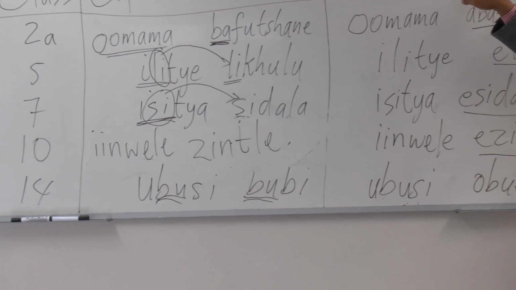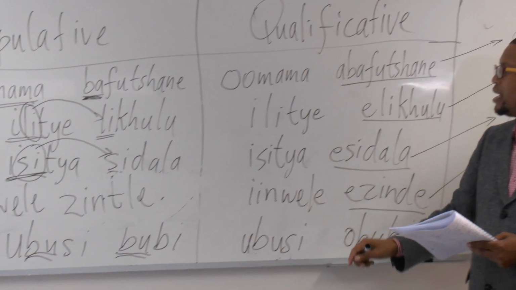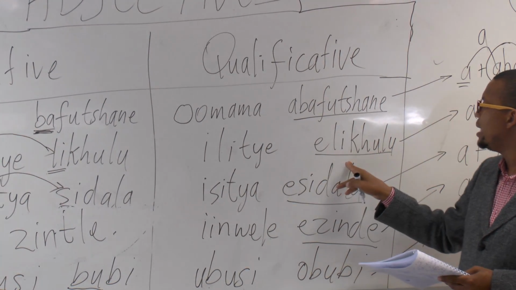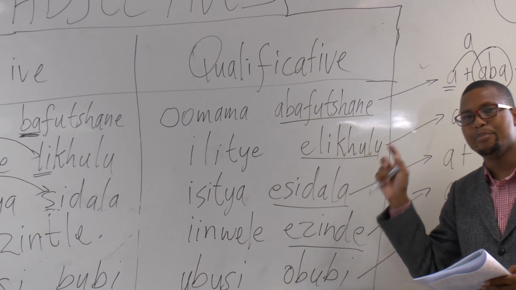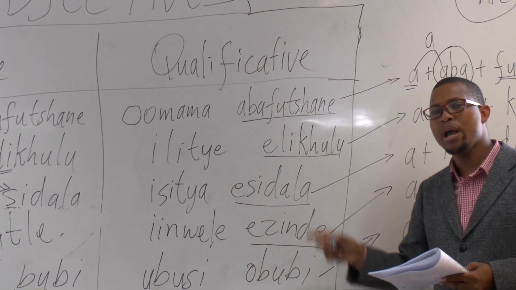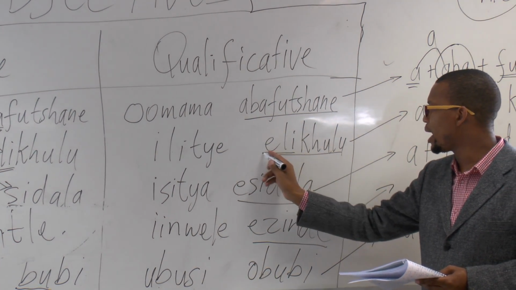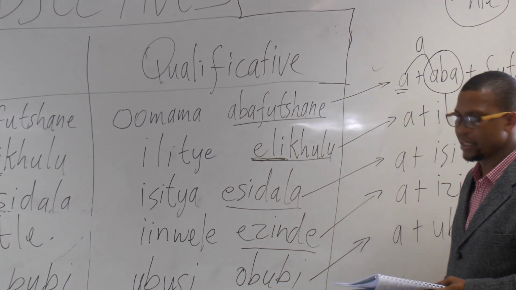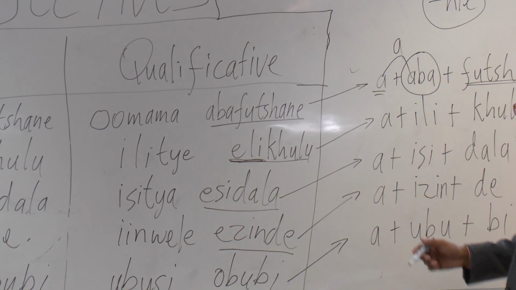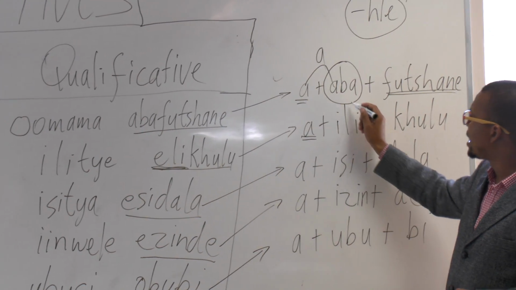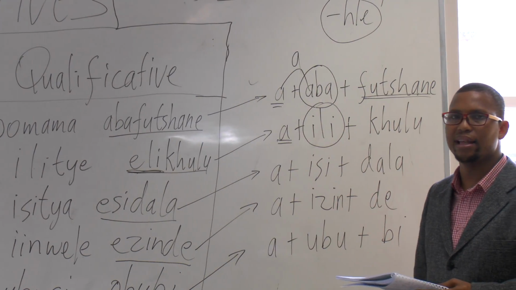Okay, let's go back to this side of the qualificative. Then, ilike elikhulu. A big rock or a big stone. Then, we'll work around this part. How did we get to that? As I said earlier, that is the formative A plus the whole prefix.